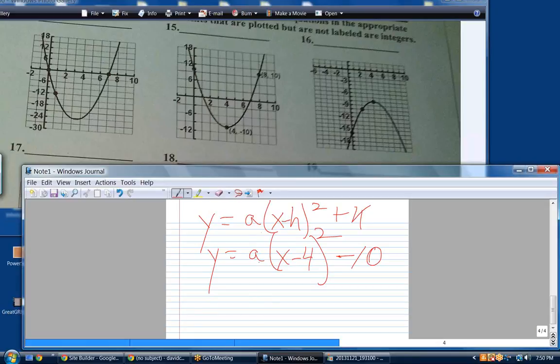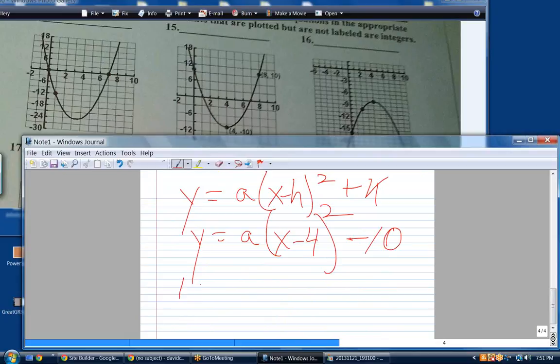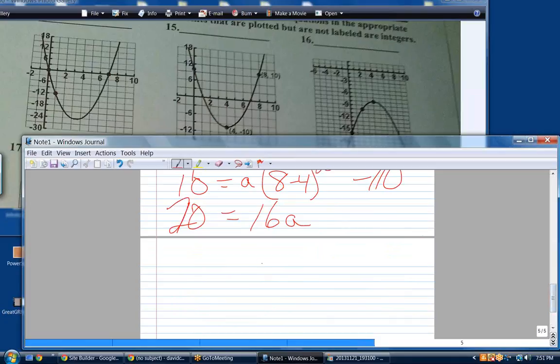So what's my next step? 10 equals a in parentheses 8 minus 4 squared minus 10. So 10 equals 16a. Add the 10 to the other side, right? Yeah. And a equals 5/4.